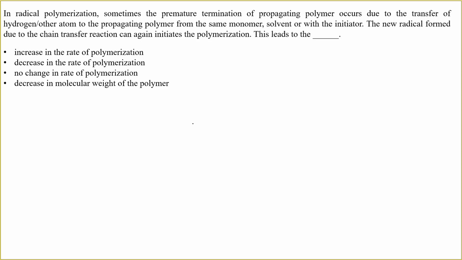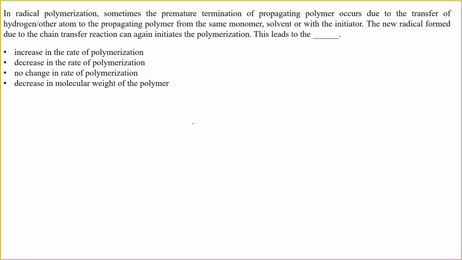So the premature termination of the propagating polymer leads to a decrease in molecular weight of the final product. The polymer chain is not allowed to grow to its maximum potential.